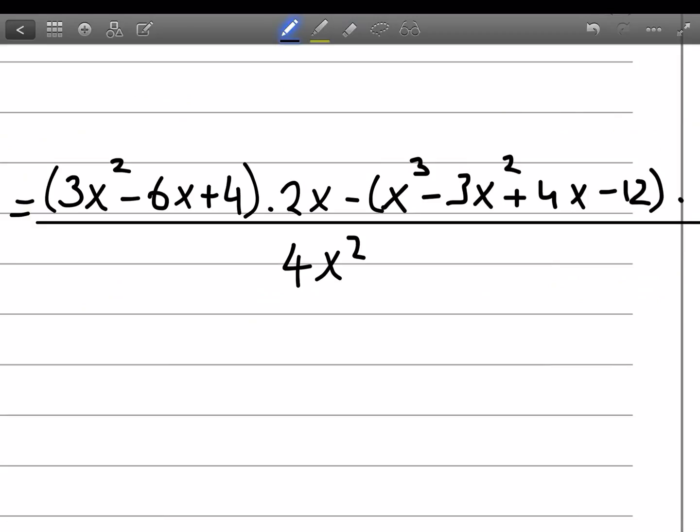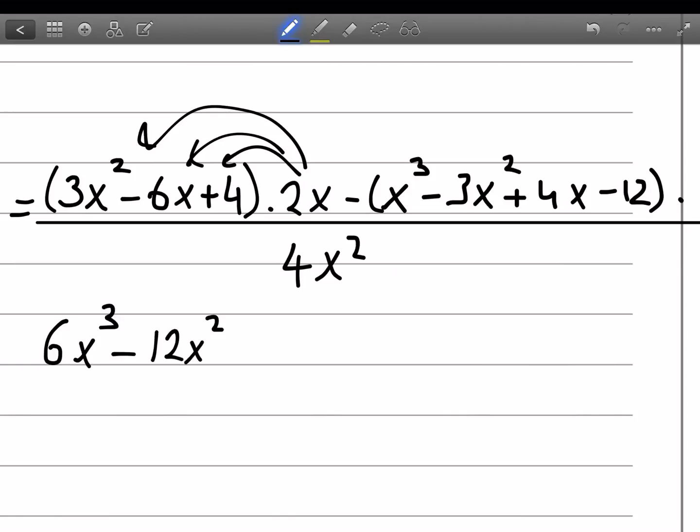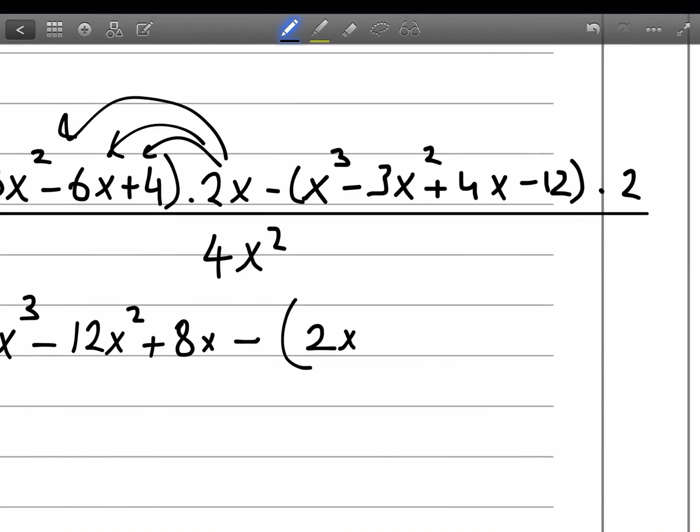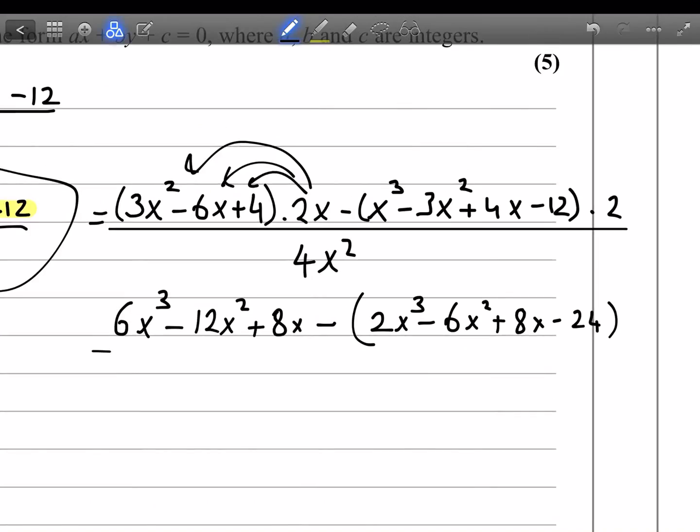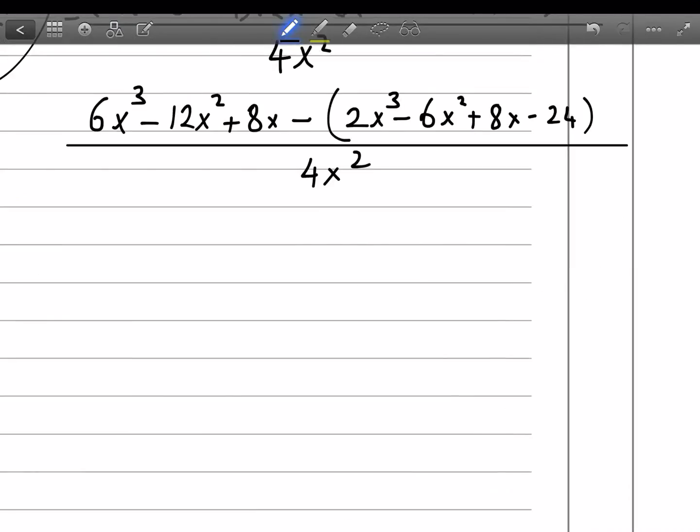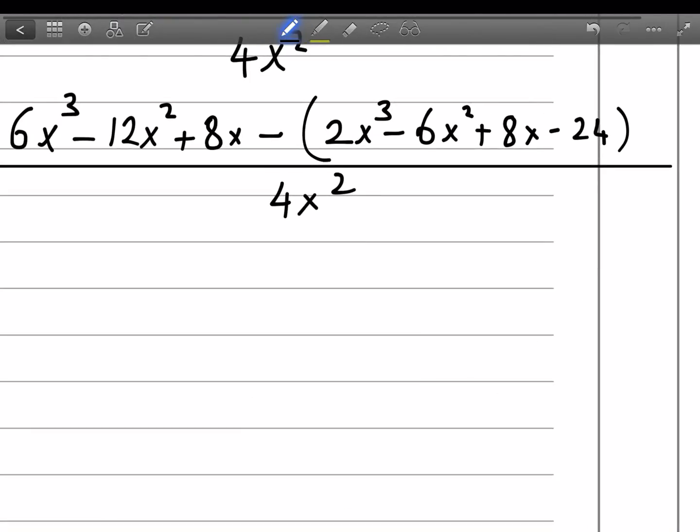Just multiply 2x by these three terms: 6x cubed minus 12x squared plus 8x, minus 2x cubed minus 6x squared plus 8x minus 24, and we have here 4x squared.